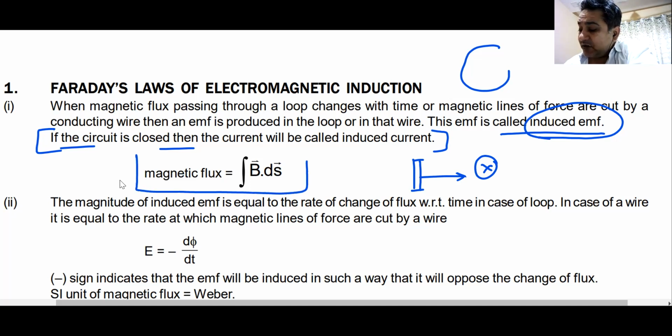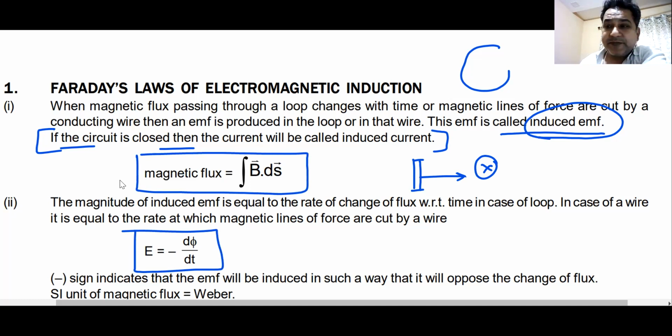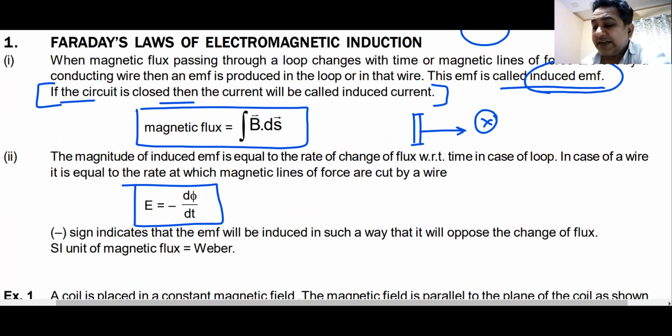Magnetic flux is integral of B dot dS. The value of this induced EMF is minus d phi by dt. All of us know this. The negative sign is given by Lenz's law. We all know what Lenz's law is. We'll do some examples of this Lenz's law.